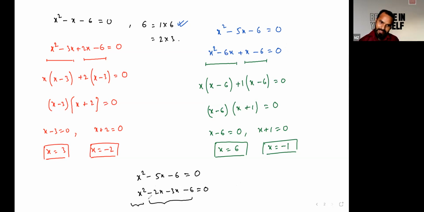Polarity is the sign before that particular number. For 5x, we have negative polarity or negative sign. For this 6, we have negative sign.